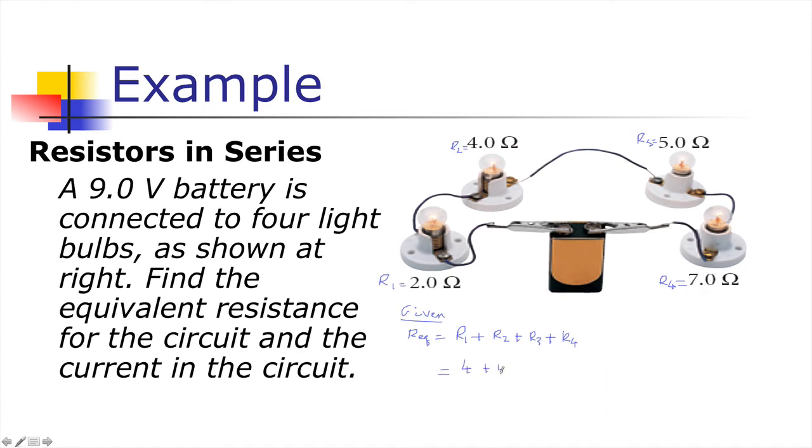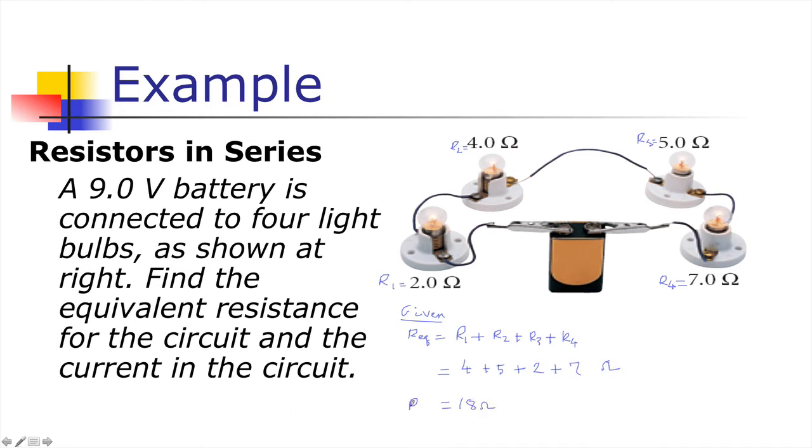Resistance 2 is 5. Oh, I missed it. Resistance 1 was actually 2. It's fine, the order doesn't matter. It's addition.